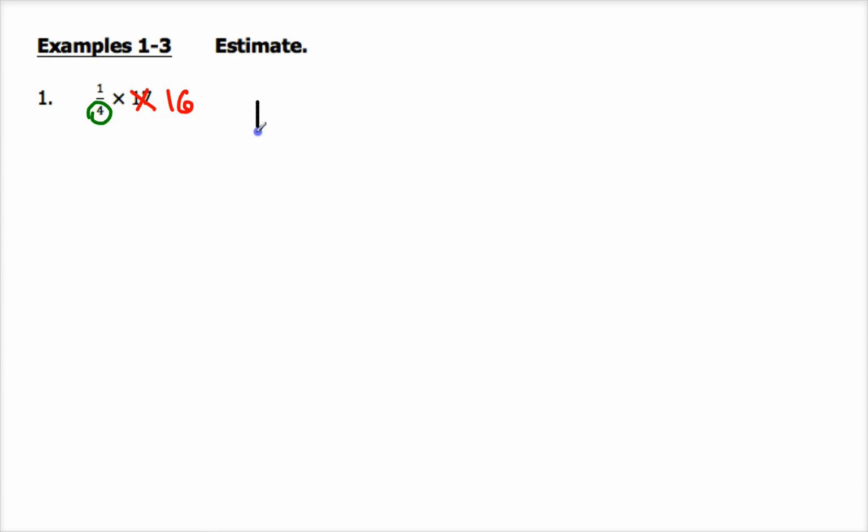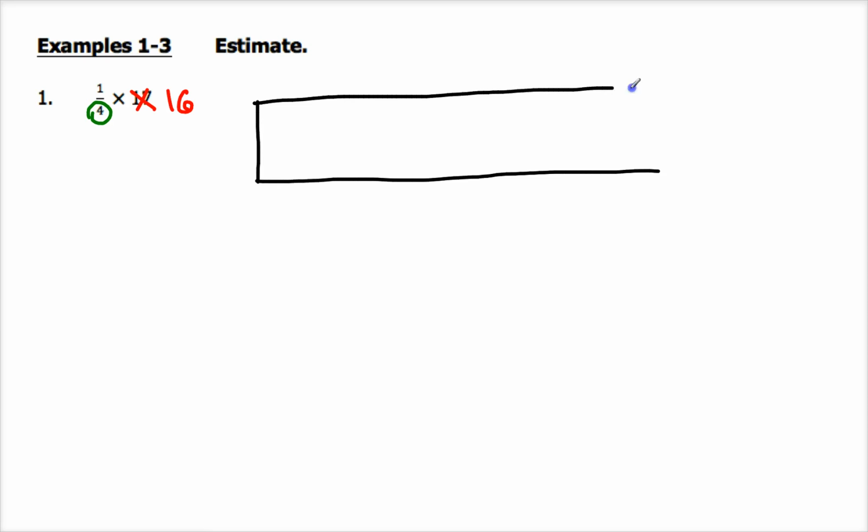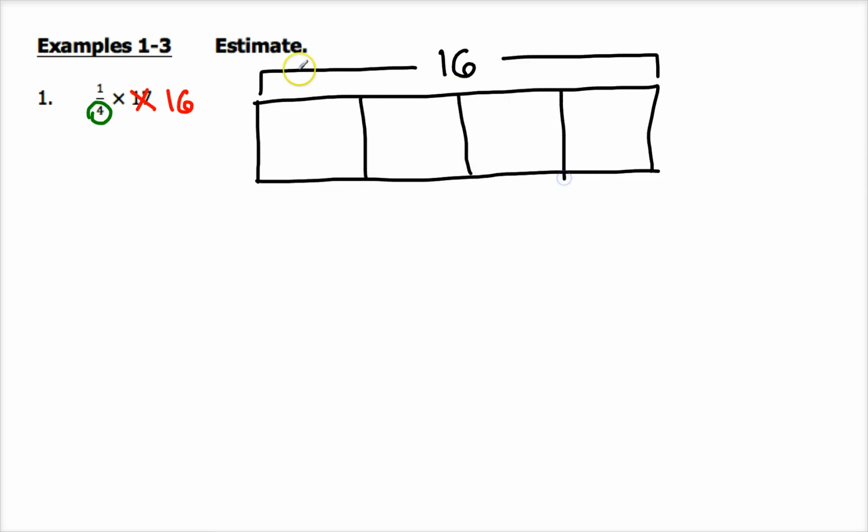And now I'm going to draw a bar diagram that represents the number 16. Okay, so this is 16 here, and I want to divide this bar diagram into fourths, so 4 equal pieces. There's 1, 2, 3, and 4.